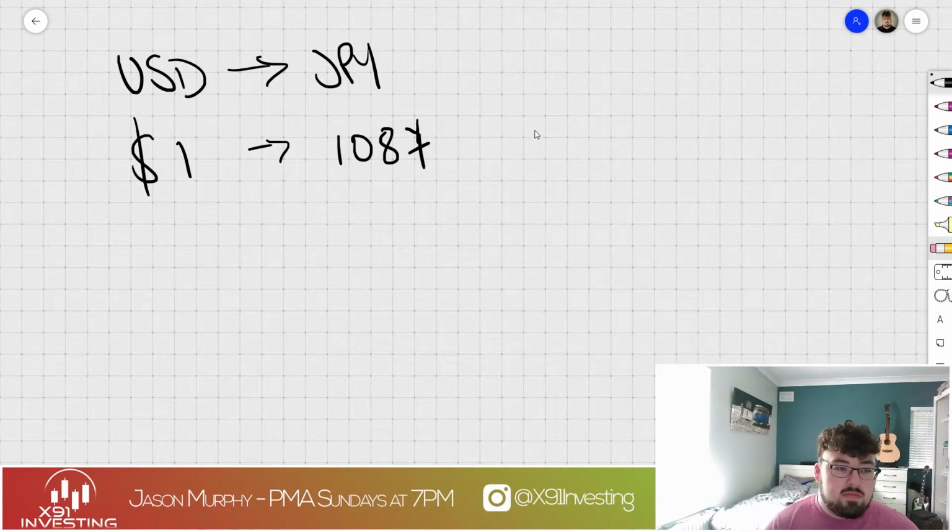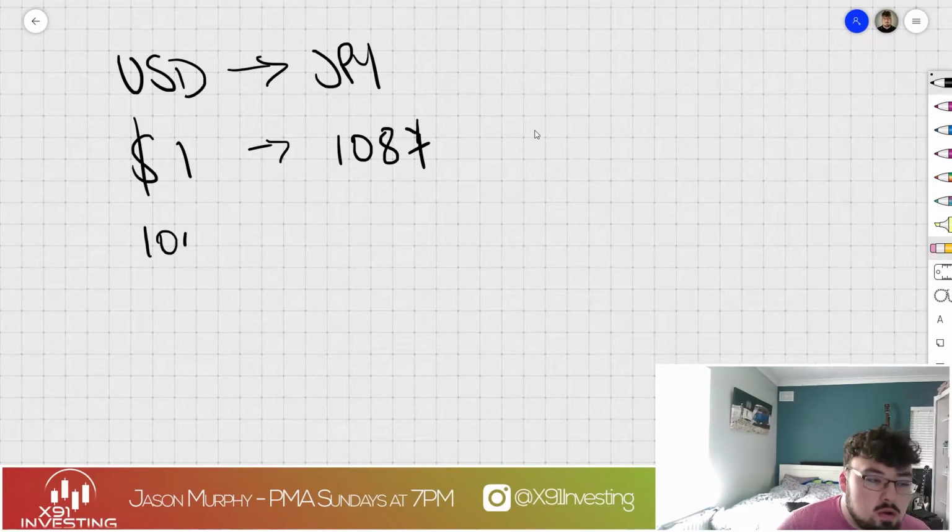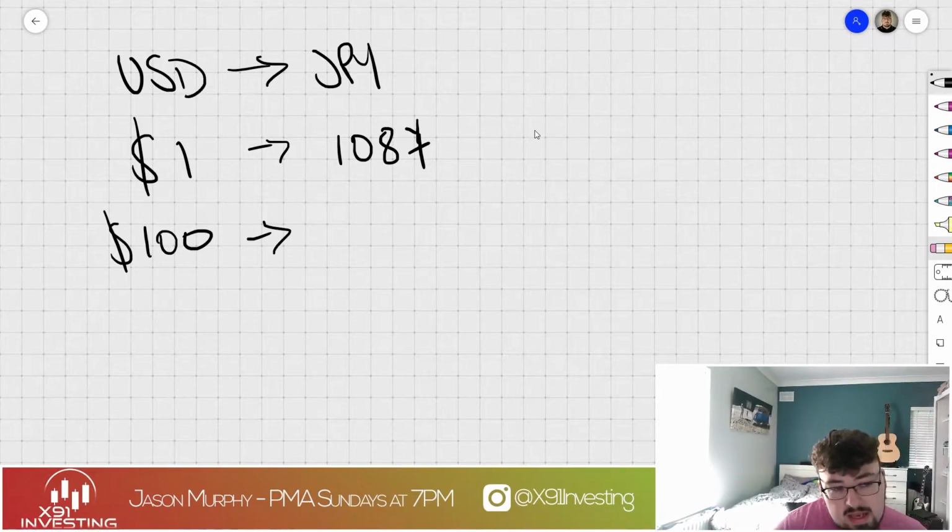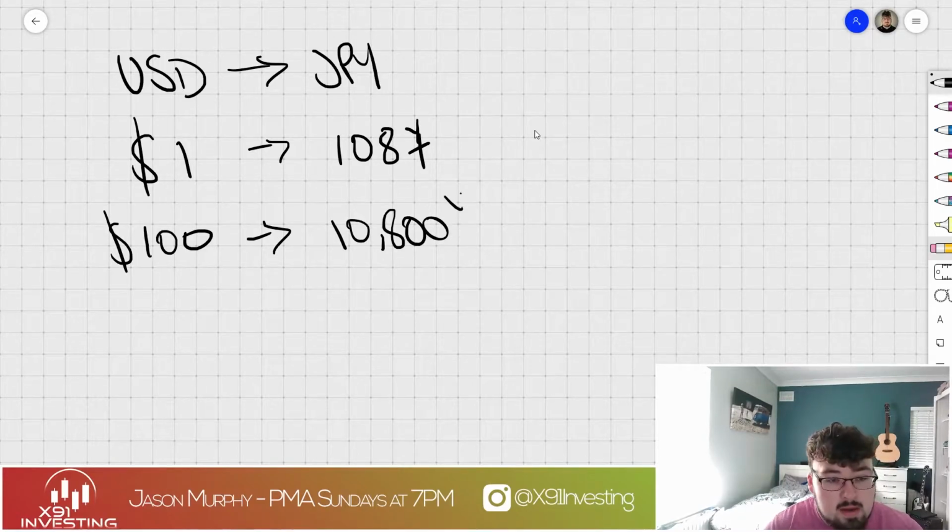I took down the values. So if we want $100 into yen, we're going to have 10,800 yen. So $100 will get us 10,800 yen.